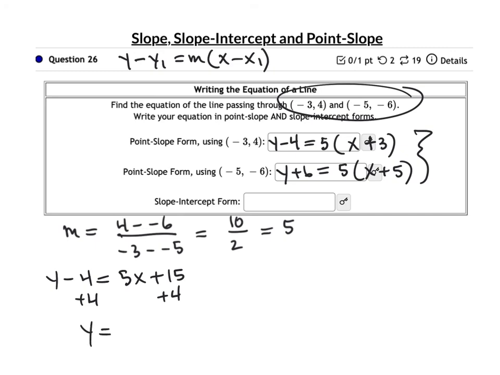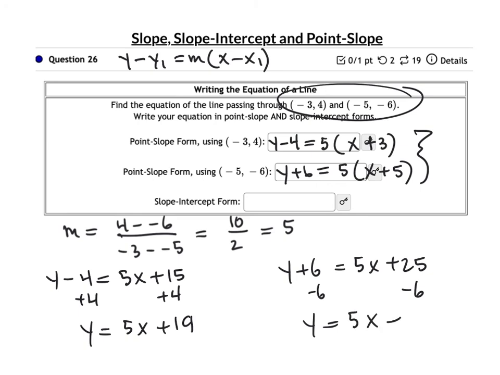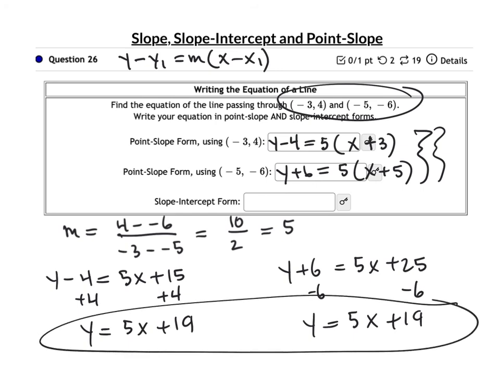And I get y equals 5x plus 19. For the other equation, it would be y plus 6 equals 5x plus 25. If I distribute the 5, I take a 6 off both sides, and I get y equals 5x plus 19. Both equations produce the same result.